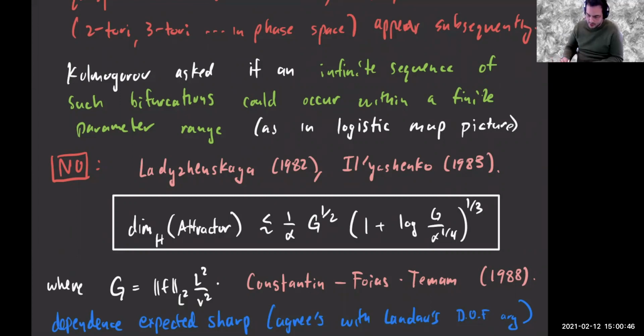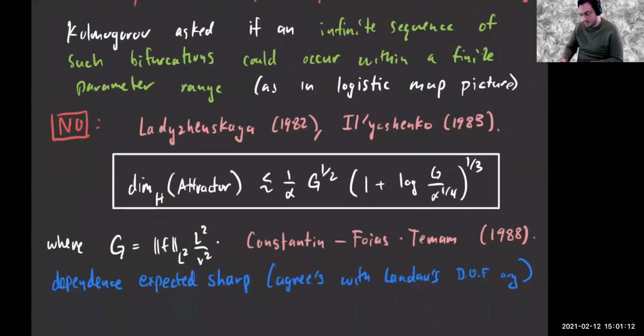Okay. So these earlier works provided the qualitative statement that the attractor was finite dimensional, but the bound here, the sharpest one known, was produced by Constantin, Foias and Temam in the late 80s, and this bound is expected to be sharp in the sense that this dependence on the Grashof number is in agreement with Landau's degree of freedom argument to estimate how many degrees of freedom a turbulent flow has.